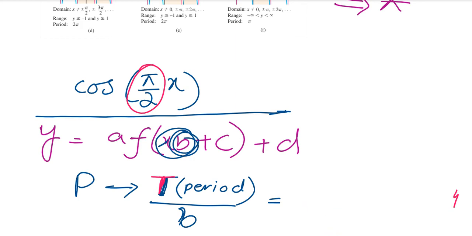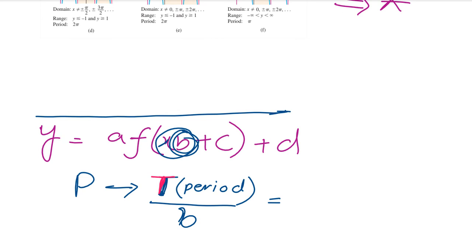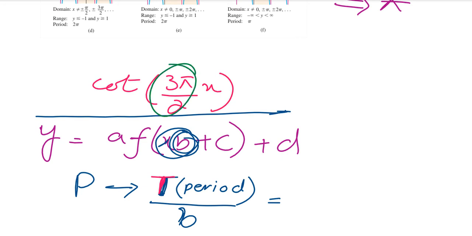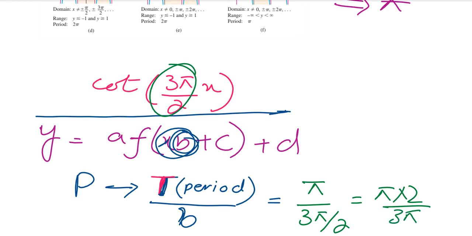Let's check out another example. Cot 3 pi over 2 x. Again, the value of b is 3 pi over 2, but you know the period of cot x is pi. So we write pi over 3 pi over 2, which gives 2 pi over 3 pi. So we get the period equal to 2 over 3.